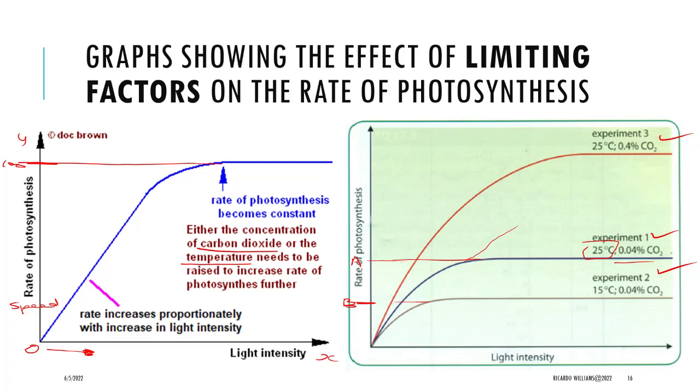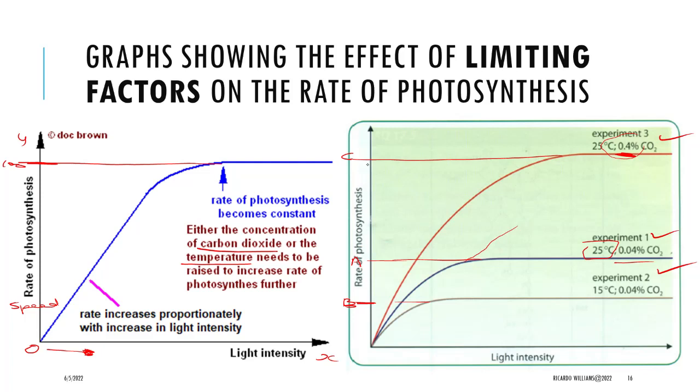In experiment number 3, the temperature in experiment number 1 and number 3 is the same, but please look carefully. The carbon dioxide concentration has been increased, and that is why when we look at experiment number 3, the speed maxes out at C, which is significantly higher than A and B, which meant that carbon dioxide was the limiting factor, because the temperature in experiment 1 is the same as in experiment 3, but the carbon dioxide concentration is higher in experiment 3.